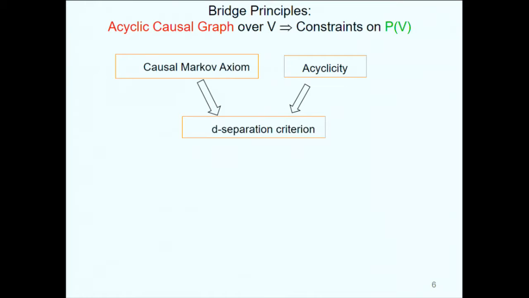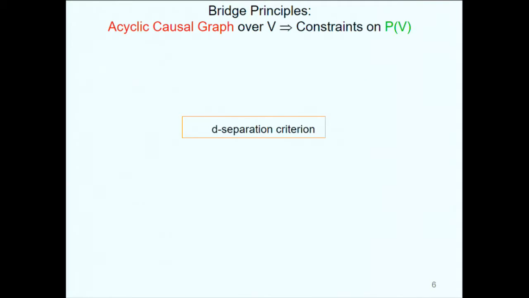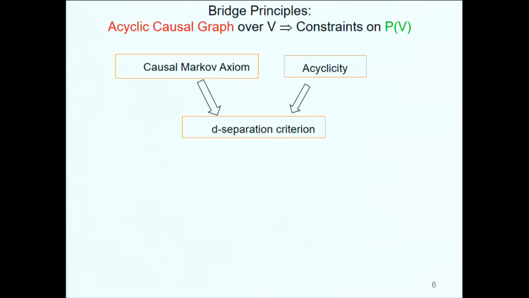More easily, we can understand the connection by taking the causal Markov axiom that I just showed you. If I have graphs that have no cycles in them, then together those imply what's called the d-separation criterion, which is entirely computable just by giving you a graph. It's very easy in a certain sense once you know it.